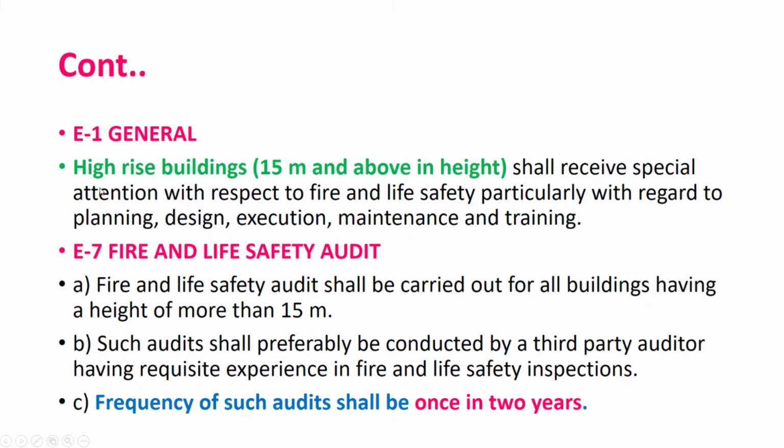And again, it specifies that for the fire tender movement, the weight can be up to 45 tons, and the hard surface, whatever you have provided, should be able to take the weight of 45 ton minimum. That means whatever road you are designing in and around the building. Yes, somebody is asking, yes, I am reading NBC provisions. These are all NBC provisions I am reading.